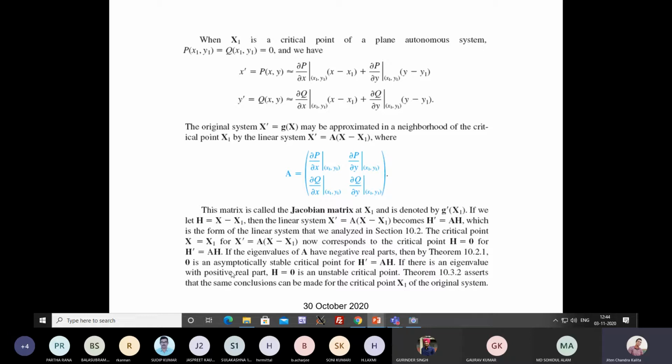If there is an eigenvalue with positive real part, then definitely 0 is going to be an unstable critical point, right? Similarly, a negative real part is going to give you a stable critical point 0 corresponding to h. So that means x1, y1 is going to be a stable critical point for negative eigenvalues of A, right? Similarly, for positive real parts, it is going to be an unstable critical point.